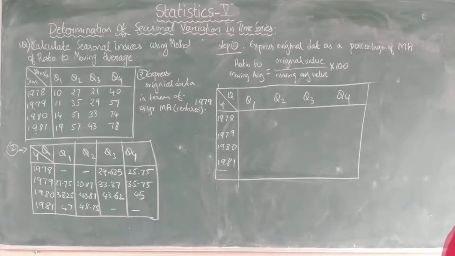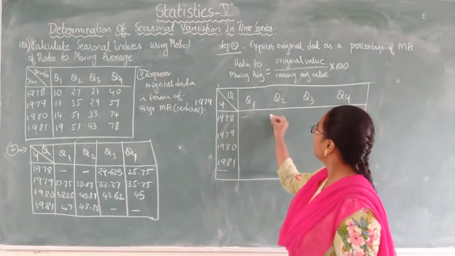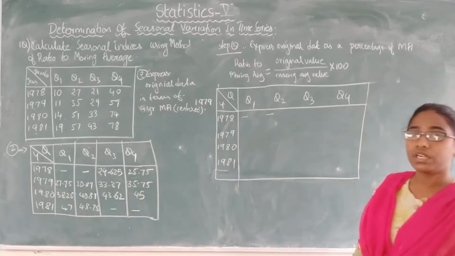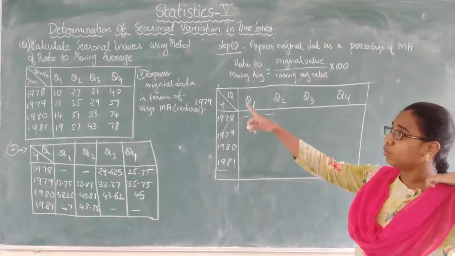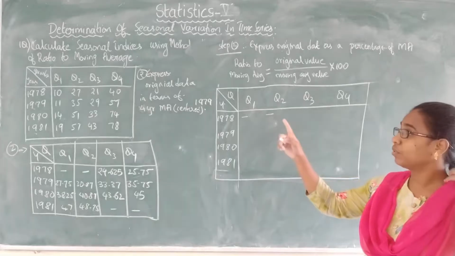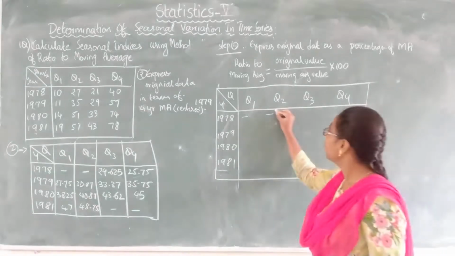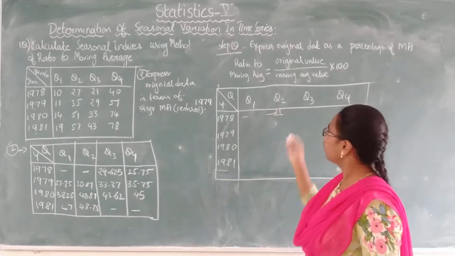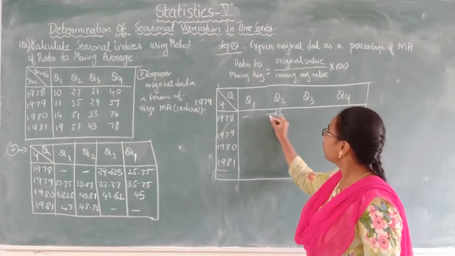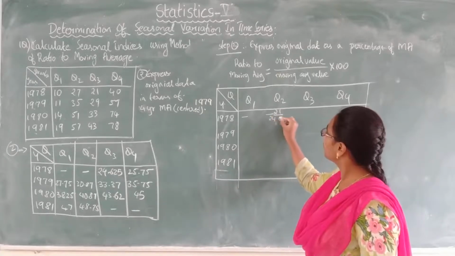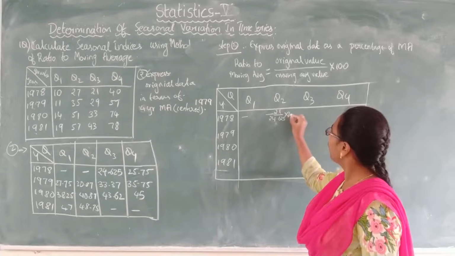For the first and second we are not going to get any values. Coming to the third one, what is the original value? That is Q3, 21, right? So 21 divided by the moving average value 24.625, into 100.